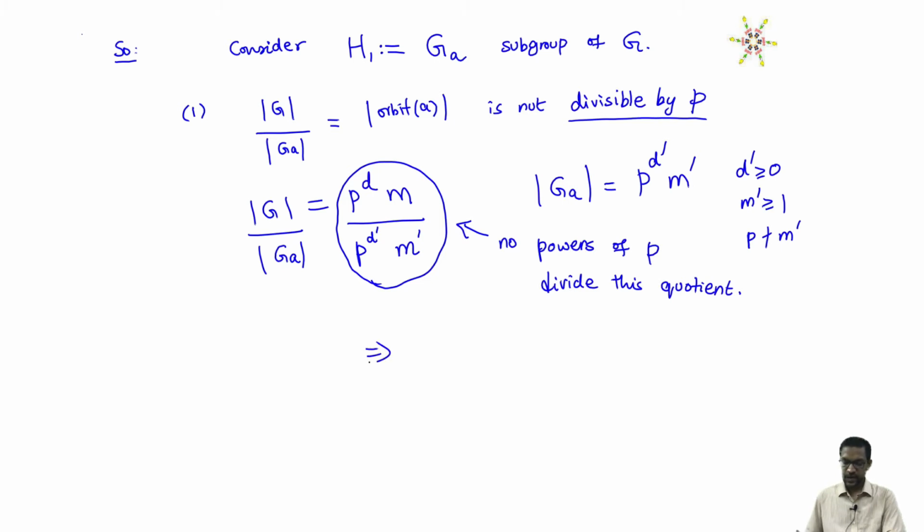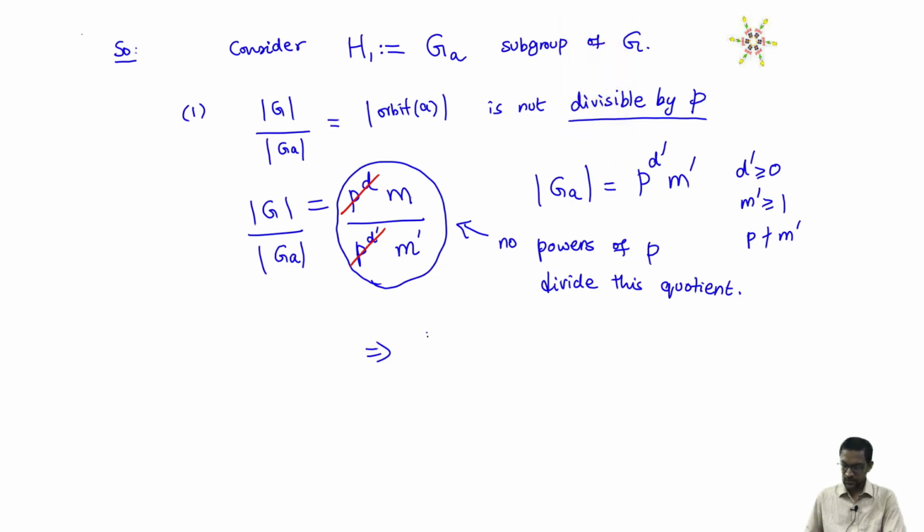Well, when can that happen? It can only happen if every power of P in the denominator cancelled out everything on top. Only then can you not have any P's remaining. Remember, M and M dash are relatively prime to P. They have no P's in them. They are products of powers of other primes. So what does this mean?